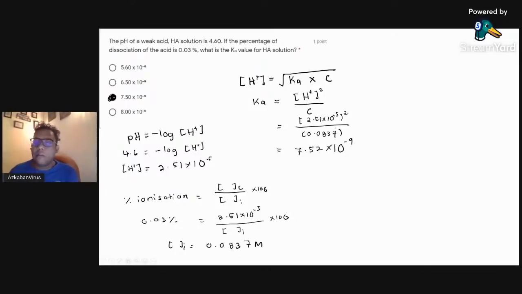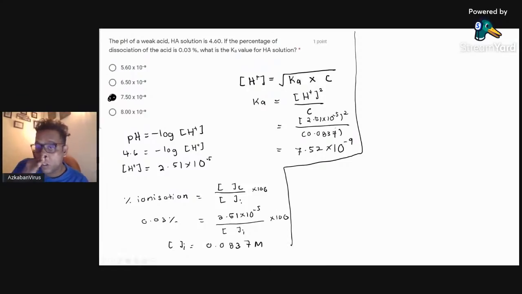Ini cara yang shortcut. Kalau cara yang jalan panjang, okay, first thing first, kita akan buat kita punya ice table. Ya, saya tahu kamu tak faham. Sebab tu saya nak tunjuk cara lagi satu lagi. Kita ada HA, dia tambah H2O, dia akan jadi H plus tambah A minus. So, kita ada initial, kita ada change, dan kita ada equilibrium.